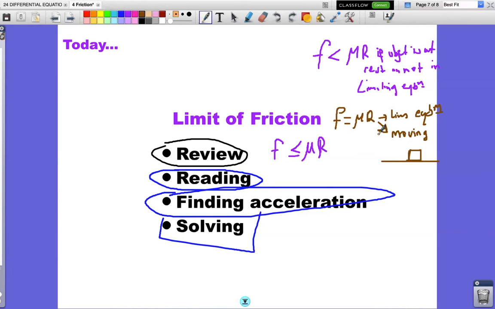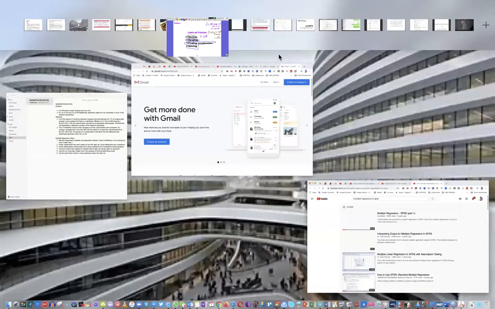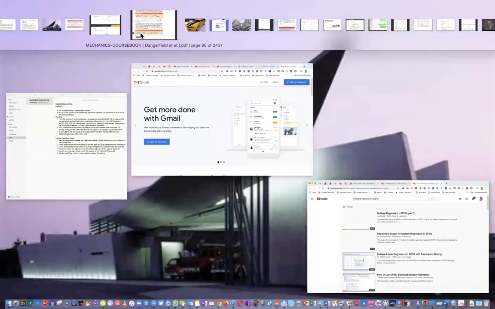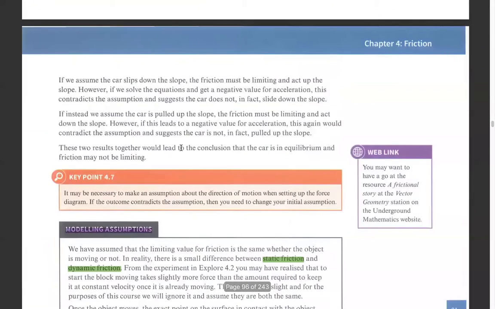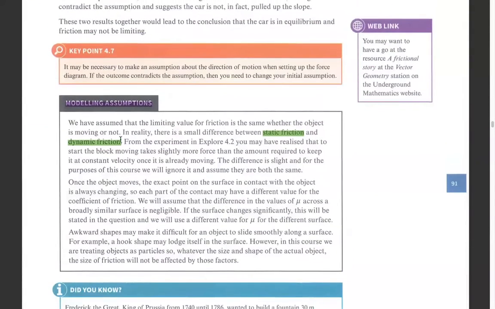From my demonstration last time, I made a demonstration with you guys last time. From that demonstration, what did you see? If you look in your book on page 91, there are some modeling assumptions that we have here.